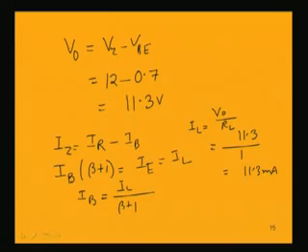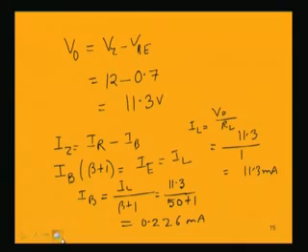So putting here 11.3 by beta plus 1, 50 plus 1, 51. So 11.3 by 51 will be the base current, and that is equal to 0.226 milliampere.